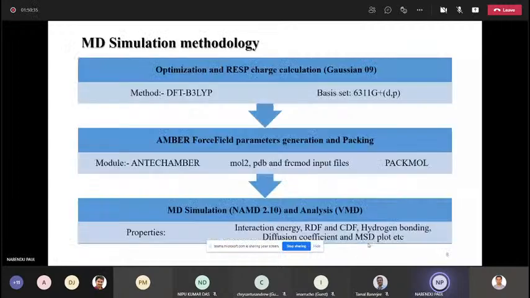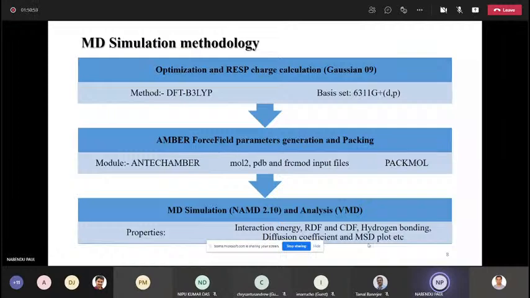this is the overall MD simulation methodology, what we do exactly in our case. First, we use Gaussian 09 for optimization of the structures and RESP charge calculation, the restrained electrostatic potential charge calculation, in which we use the DFT B3LYP method and 6-311G++ basis set.